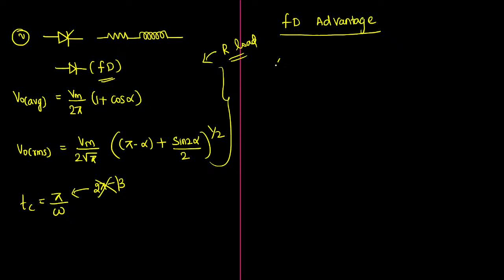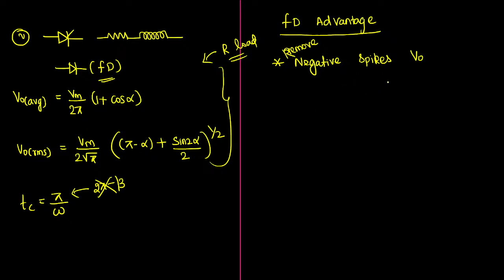The first one is that the freewheeling diode will remove all negative spikes in the output voltage. I know many of you remember these things; I am just recapping once. The negative portion in the output voltage will be completely removed. So it will remove all negative spikes in the output voltage.